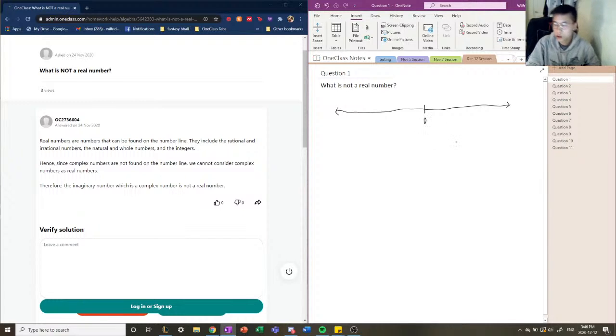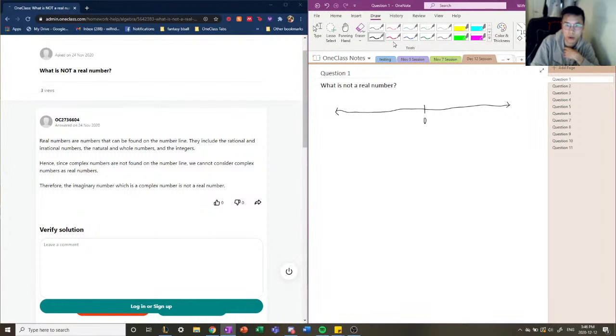Within the real number line, there are a lot of different categories of numbers. The first category is what we call natural numbers. The natural numbers are our counting numbers: 1, 2, 3, 4, 5, and so on.